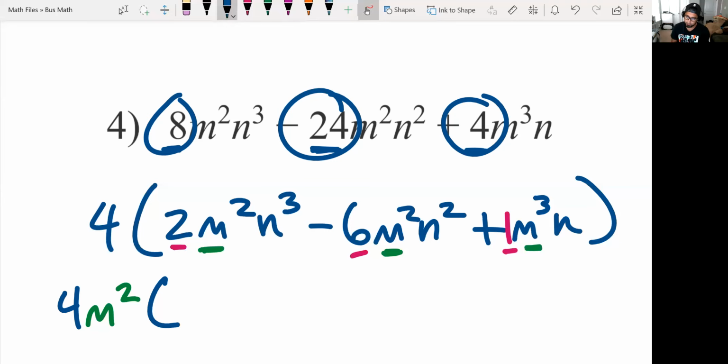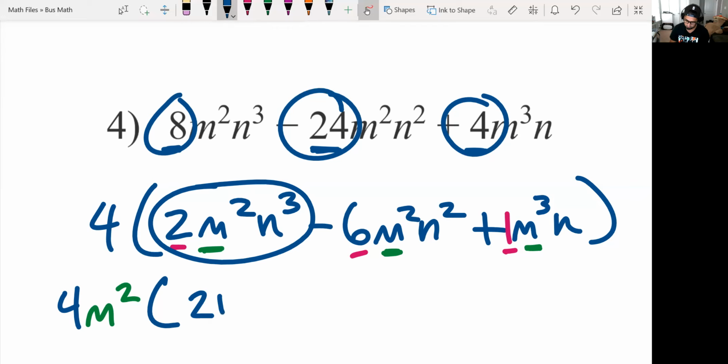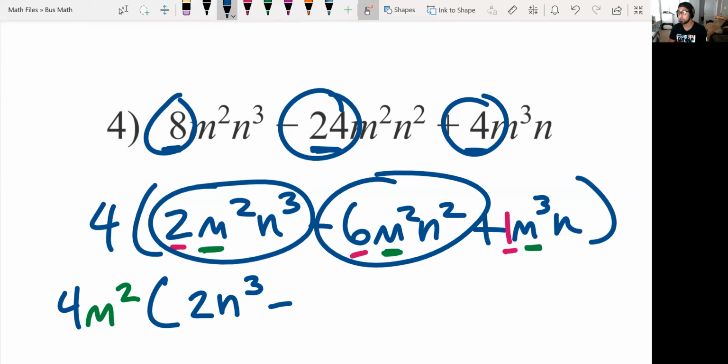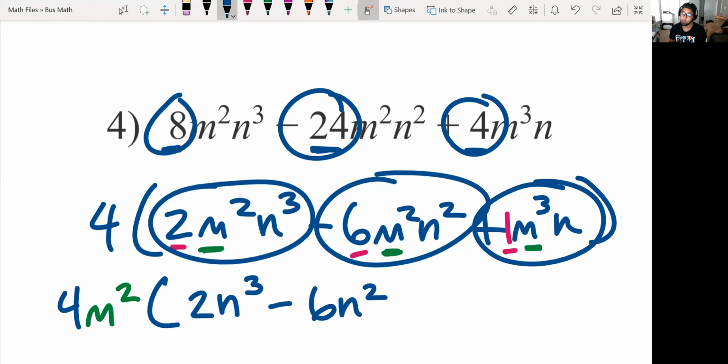Now m squared from 2m squared n cubed is just going to give me 2n cubed, minus m squared from 6m squared n squared will leave me with 6n squared, and then m squared from m cubed n is going to leave me with mn.